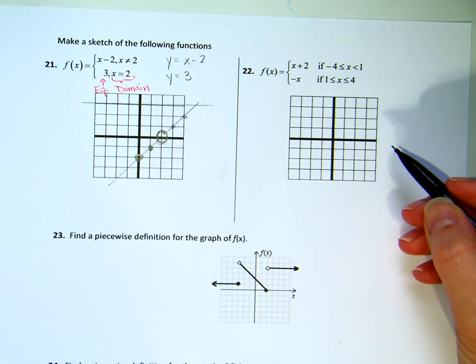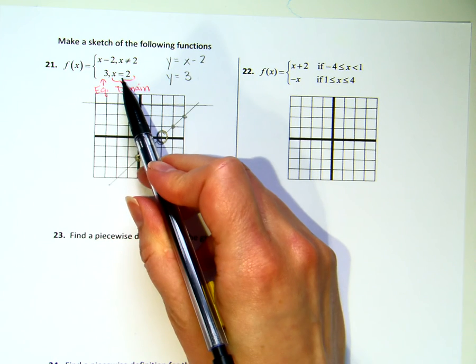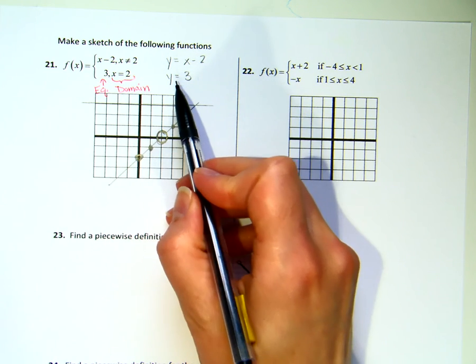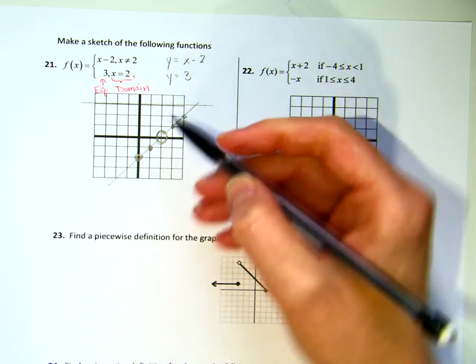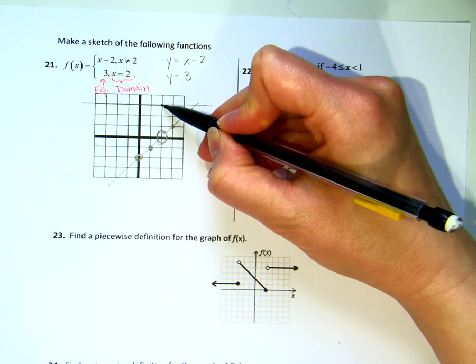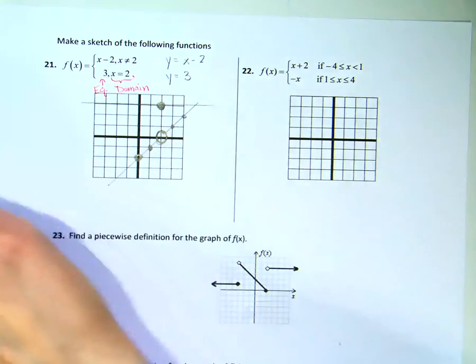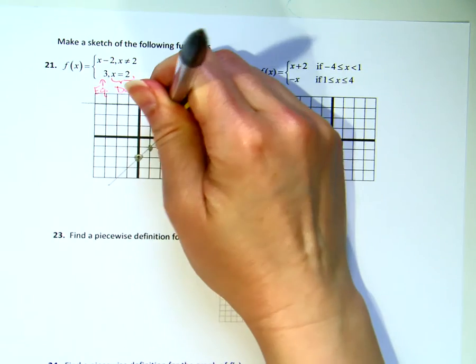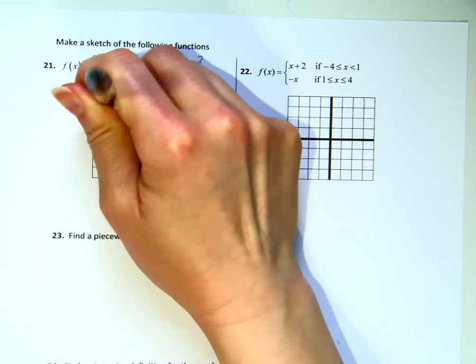My second equation has a domain of only x equals 2, meaning this equation is only located at that x equals 2 value. So 1, 2, here's that graph of y equals 3. I'm going to put a solid circle there, and I'm going to erase everything above x equals 2 and everything below x equals 2.